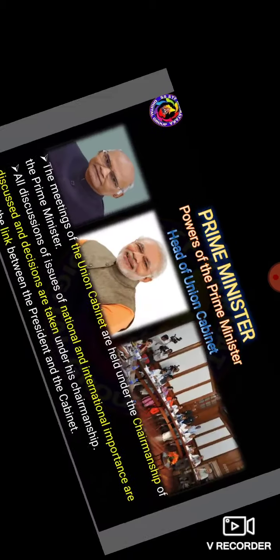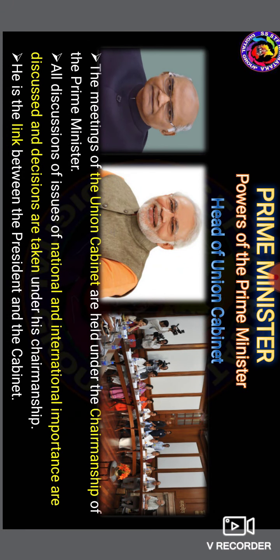And then another power of the Prime Minister is being the head of the Union Cabinet. Meetings of the Union Cabinet are held under the chairmanship of the Prime Minister, and issues of national and international importance are discussed and decisions are taken under his chairmanship.